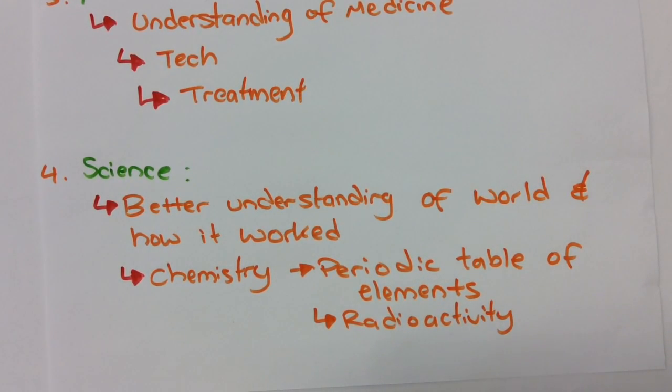Science also took a huge leap in development during this period of time. There was a better understanding of the world and how it worked, particularly in the area of chemistry. The periodic table of elements started to get put together. So we started to understand that the world around us was made up of things like atoms and elements, and an understanding of that helped us to improve the world around us, mostly just our knowledge of chemistry and how the world worked.